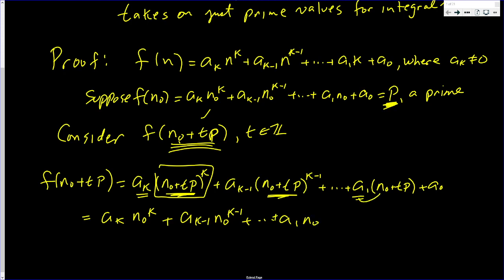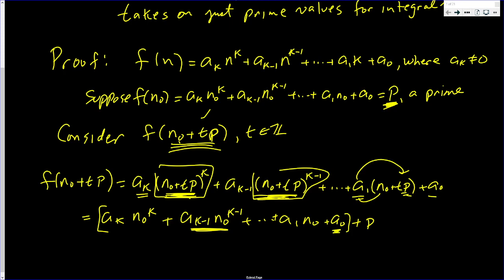That one's more obvious. Plus a0. Let's bracket that off. Plus the other terms. The other terms are all going to have a factor of p. And the a sub 0 I already dealt with.